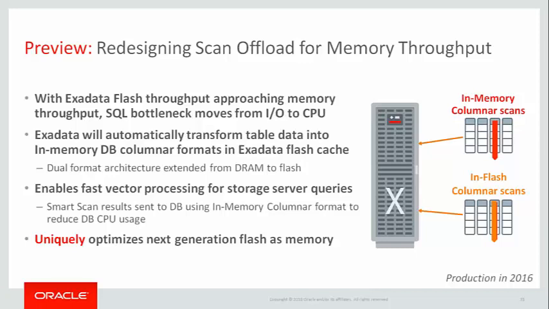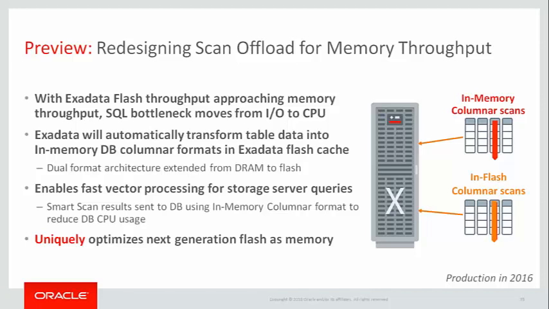The SQL bottleneck moves from I/Os to CPU with this much data coming in to the compute layer. So we have optimized and redesigned our scan offload for memory throughput by converting the table data into in-memory columnar format in Exadata Smart Flash Cache. That allows significantly faster CPU processing because it enables vector processing.